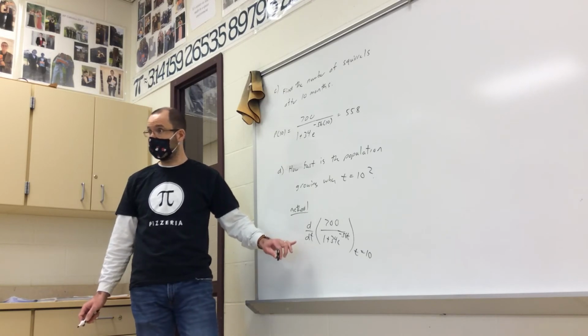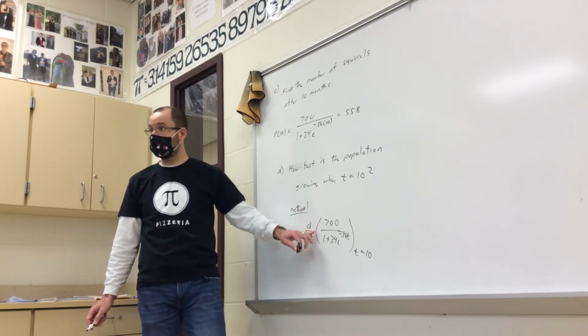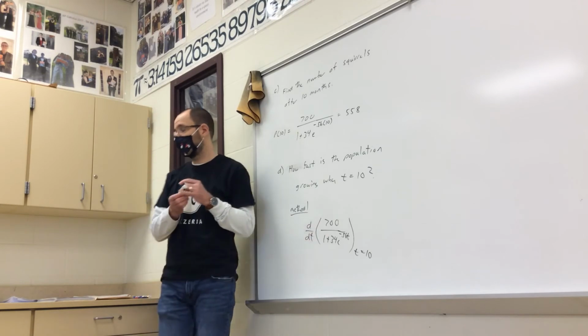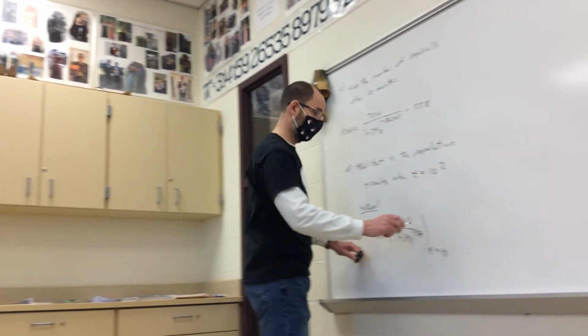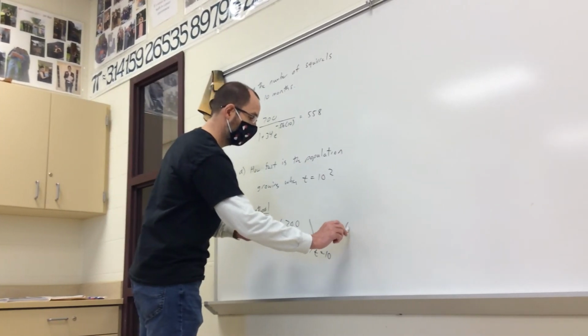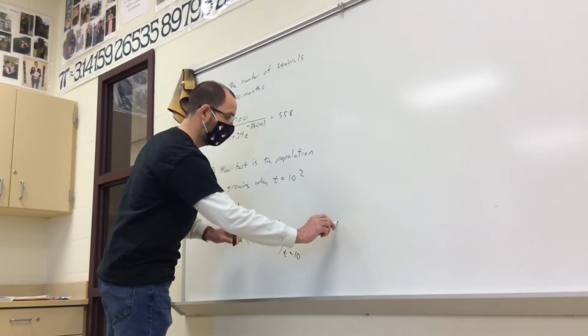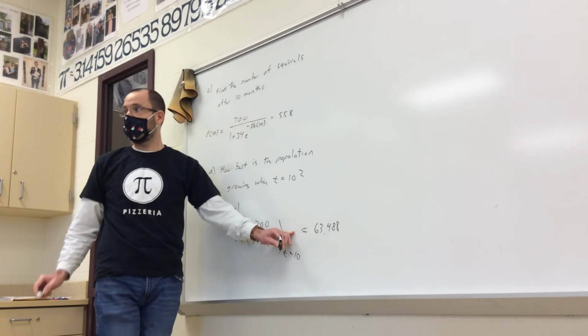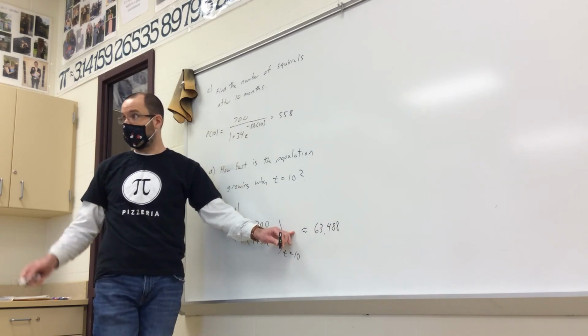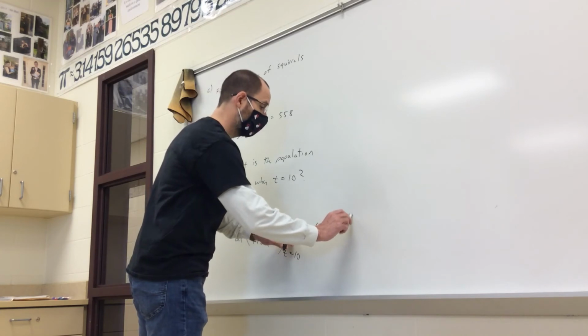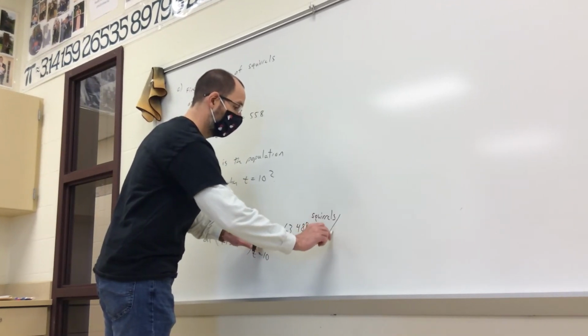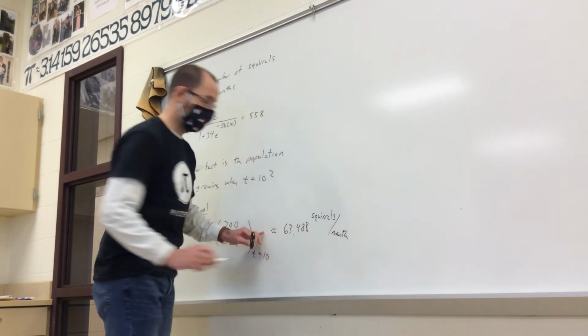If we did the derivative by hand, we'd have to use quotient rule. So I did math 8 earlier, and I got 63.488. And that would be squirrels per month, right? Because it's a rate.